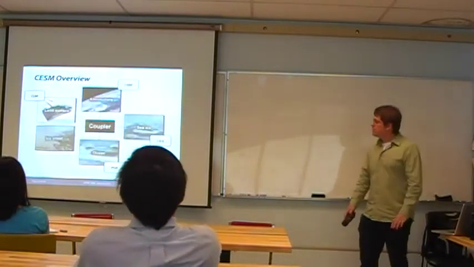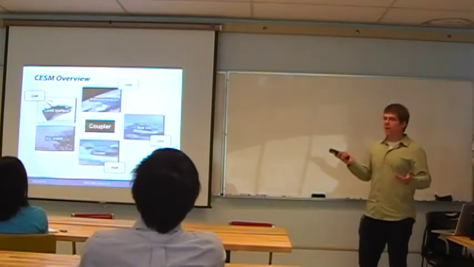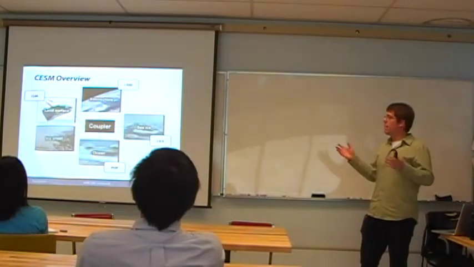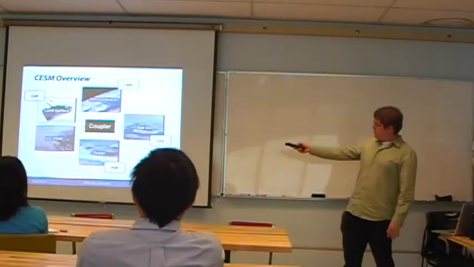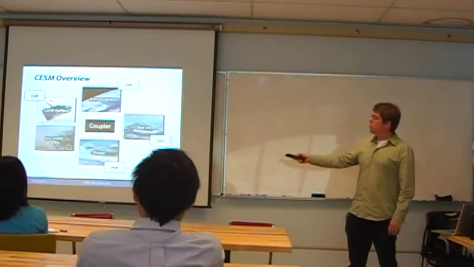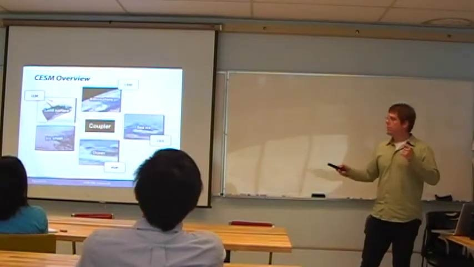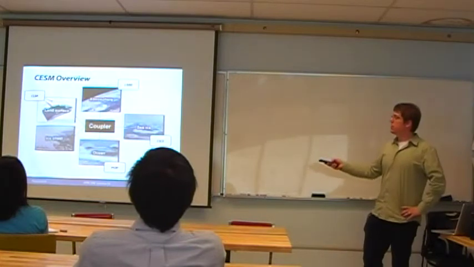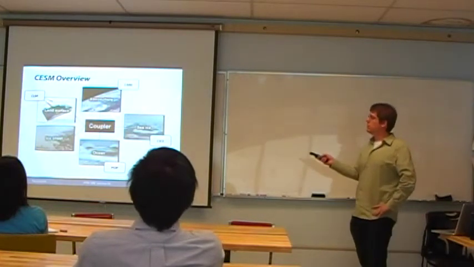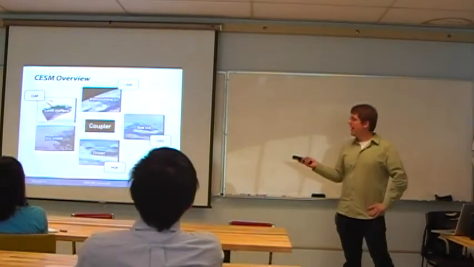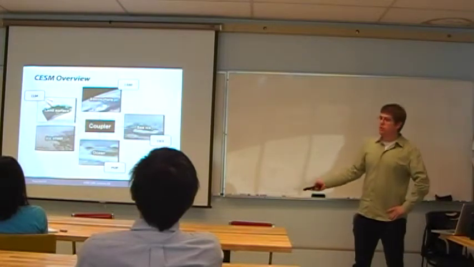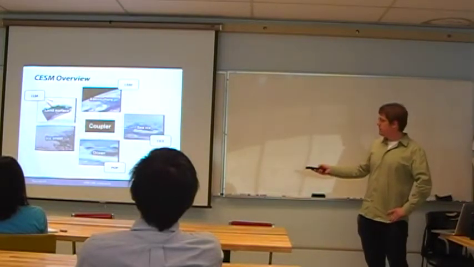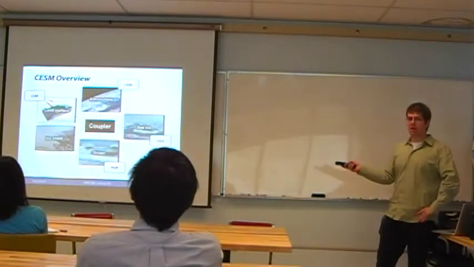The basic model is based in a spoke-like framework built around a central coupler module. So it couples together individual models which were developed for the four major processes. You have the atmospheric model, which is the Community Atmosphere Model, CAM. You have the sea ice module, nicknamed Sea Ice. That's an awesome acronym.